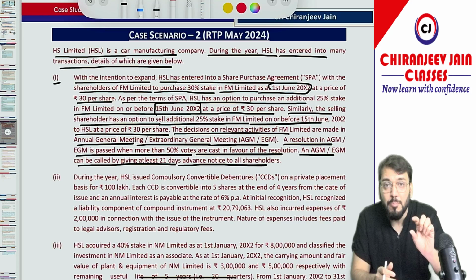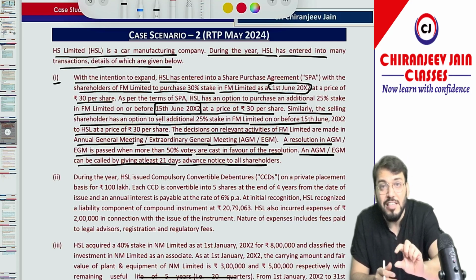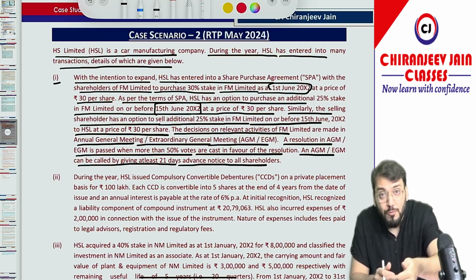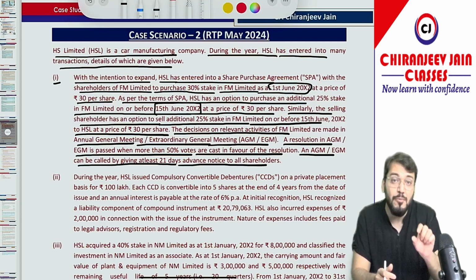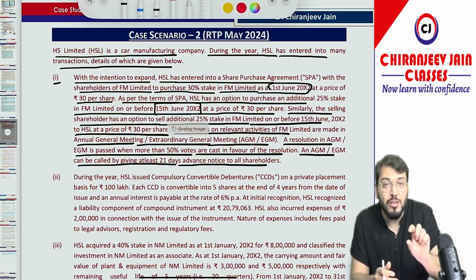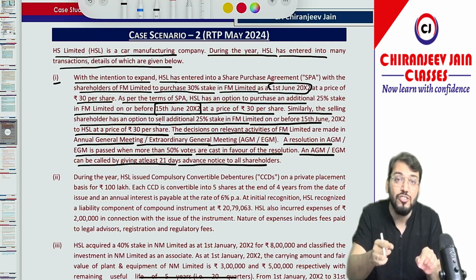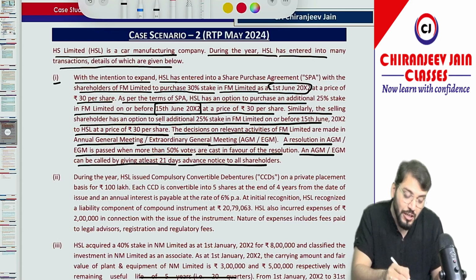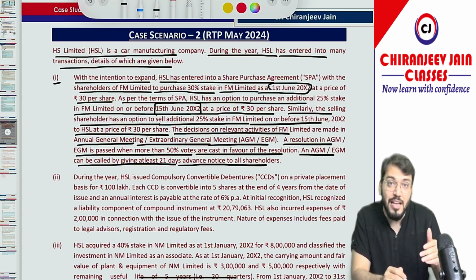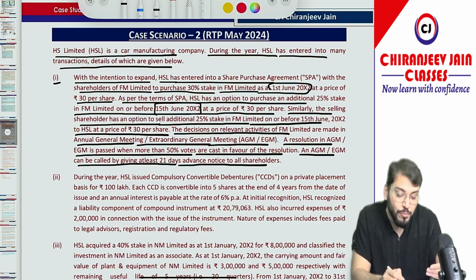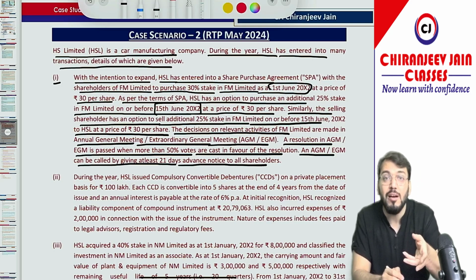So right now they have a potential voting right, and it can be currently exercised before the meeting is held, and therefore it becomes a substantive potential voting right, which should be considered for determination of power over the investee. Right now they are holding 30%, and they have a call option to purchase 25%. Together it will become 55%.